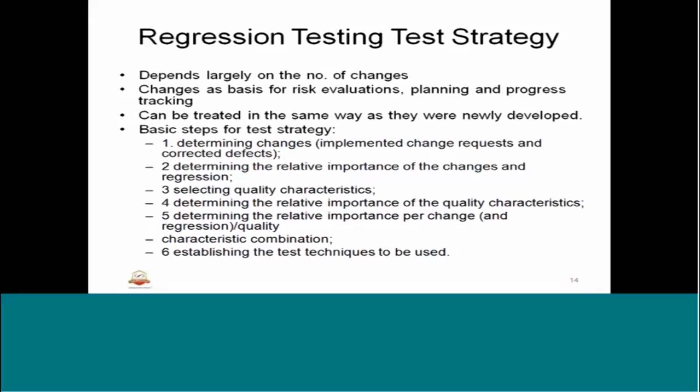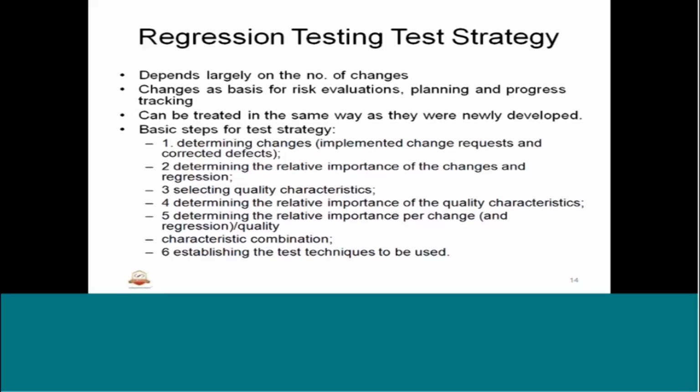Changes as the basis for risk evaluation, planning and progress tracking. The changes made to the embedded software due to earlier fixes have to be risk evaluated. Planning and progress tracking also need to be taken care of for regression testing. So it can be treated in the same way as if it were newly developed.